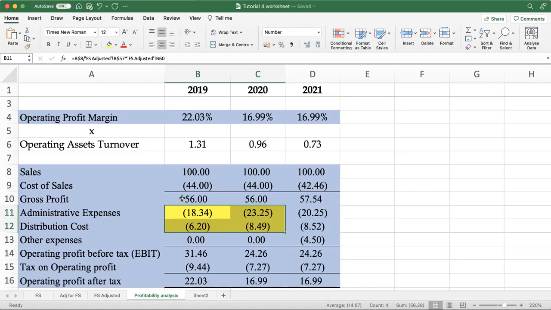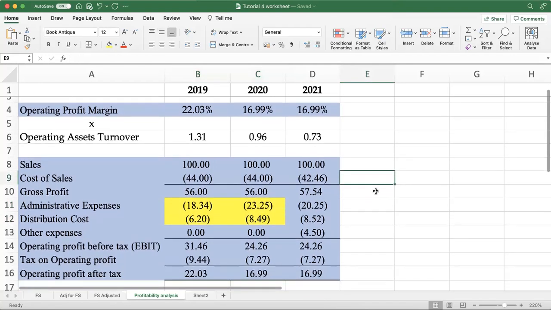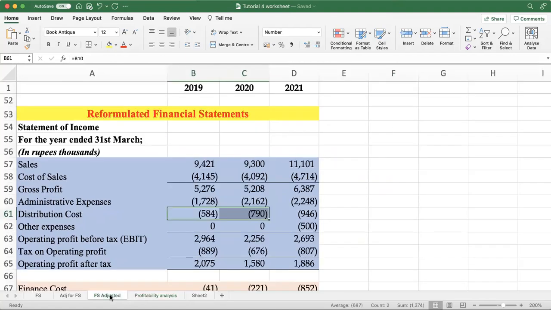These two areas you have to pay special attention to when you are doing a more detailed analysis. Right. Any questions?